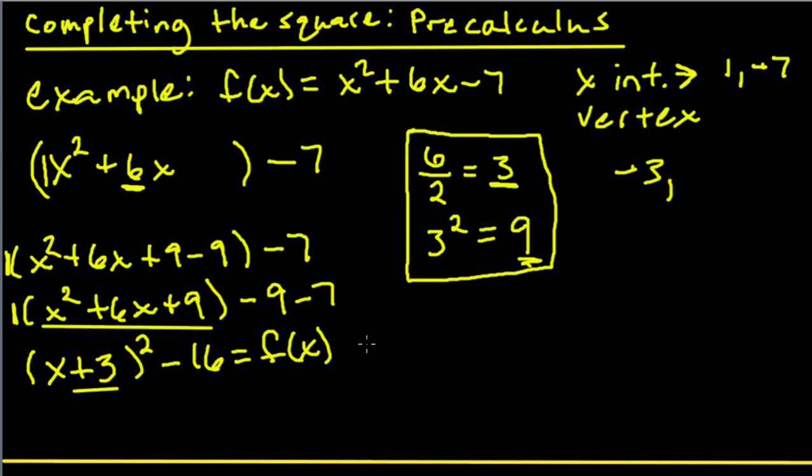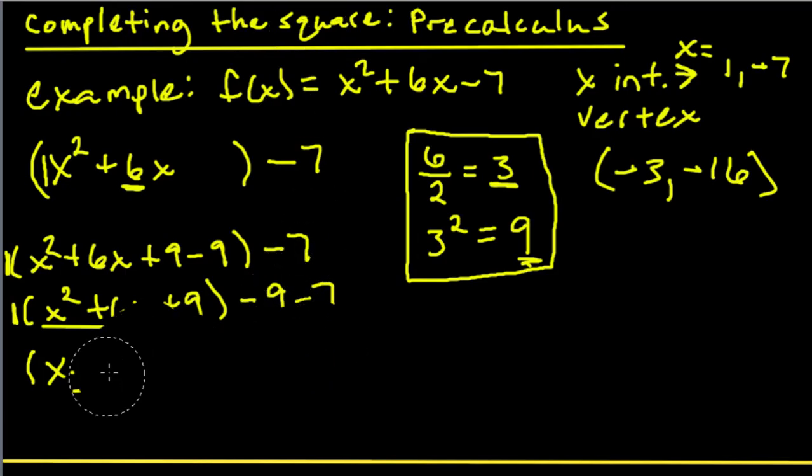And the y-coordinate is always the same, so negative 16 is simply negative 16. So we have our vertex at negative 3, negative 16, and our x-intercepts are at x equals 1 and x equals negative 7.